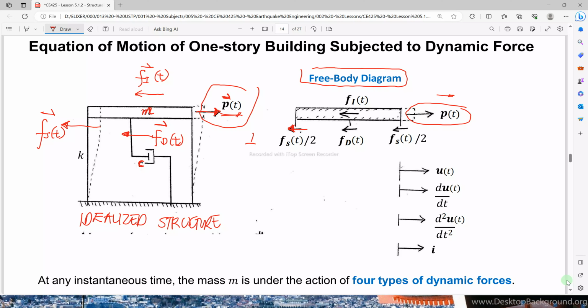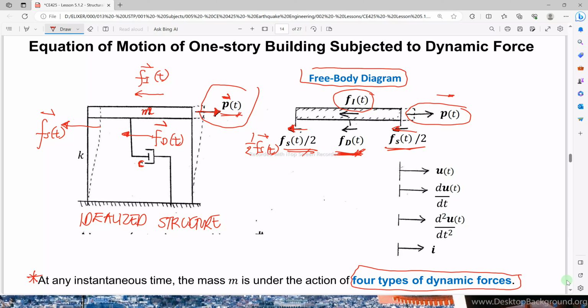So that is one half f sub S as a vector, that is a vector quantity, and then another half here, f sub S of t. And then we also have the damping force. So we have the elastic restoring force and the damping force, and then the inertial force. And then we'll have our dynamic equilibrium. So at any instantaneous time, the mass m is under the action of four types of dynamic forces, which we will discuss later.